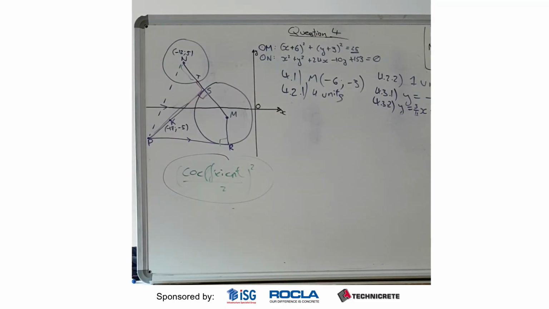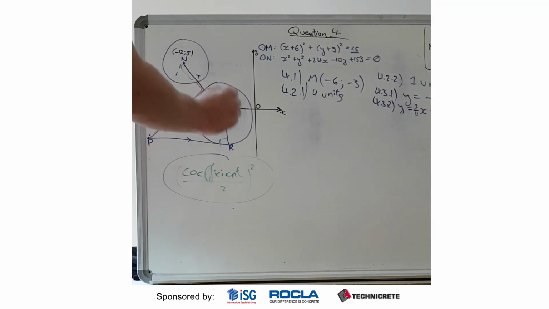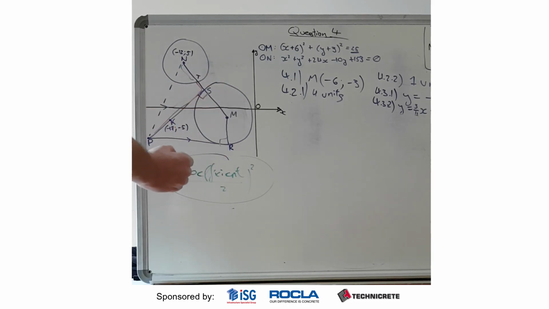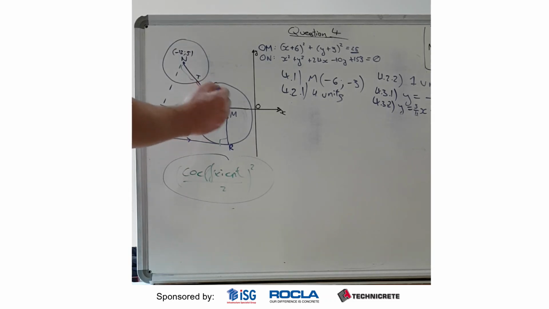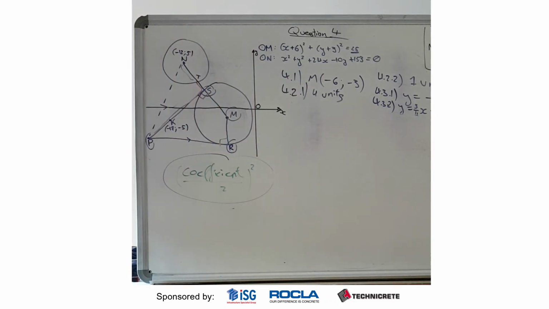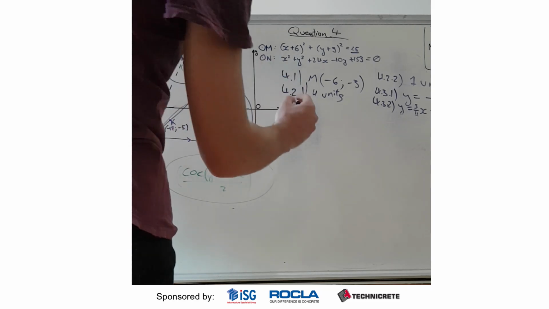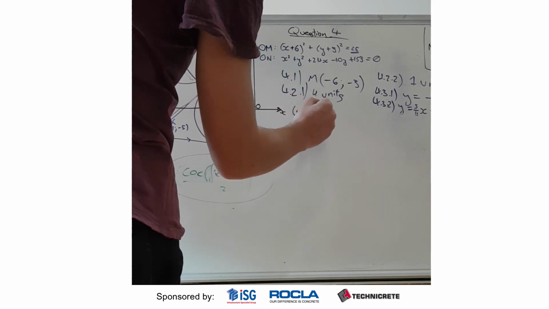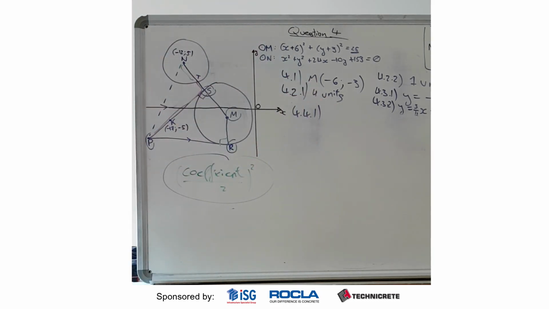Right, so in question 4.4, we are told that quadrilateral PSMR is drawn. Don't worry about this triangle, it'll come in very soon. PSMR, those are points of the quadrilateral. And they want us to find the perimeter of that quad.